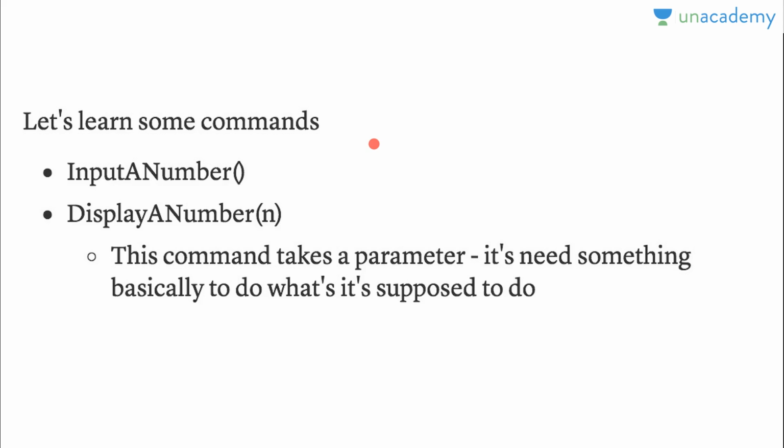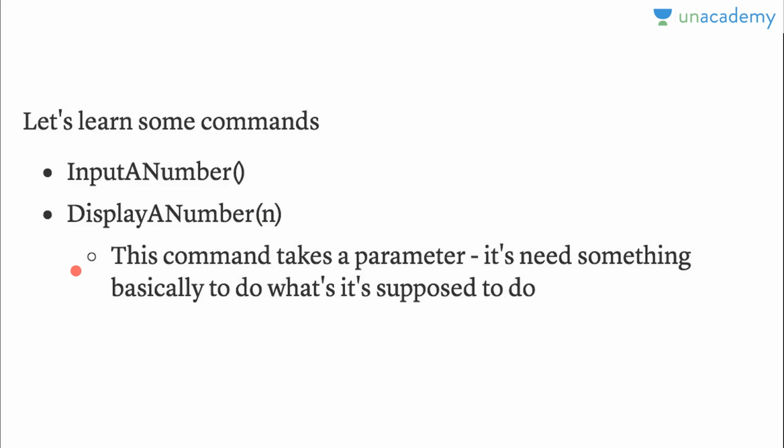These are not pertaining to any particular language. These are basic commands that we will learn to clear the fundamentals of programming. The first command is input a number. Whenever you say input a number, what it does is it takes a number from the user. And when you say display a number and in brackets n, it displays the number to the user and the number is n.